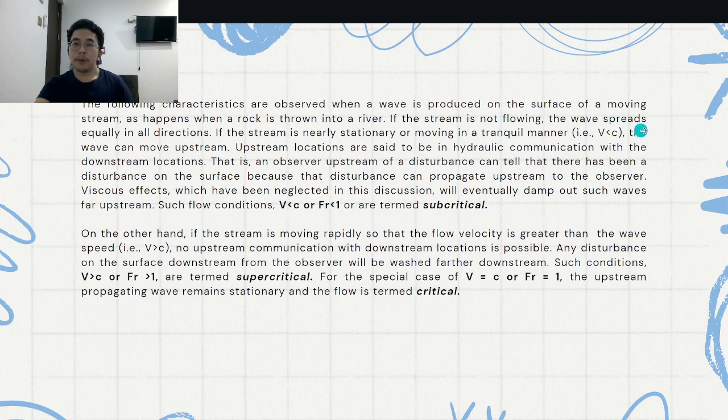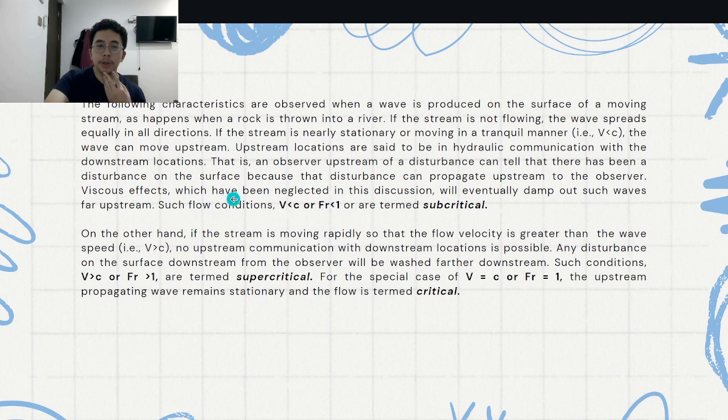If the stream is not flowing, the wave spreads equally in all directions. If the stream is nearly stationary or moving in a tranquil manner, where V is lower than C, the wave can move upstream. Upstream locations are said to be in hydraulic communication with the downstream location. That is, an observer upstream of a disturbance can tell that there has been a disturbance on the surface because that disturbance can propagate upstream to the observer.